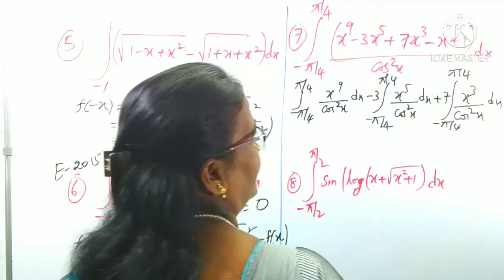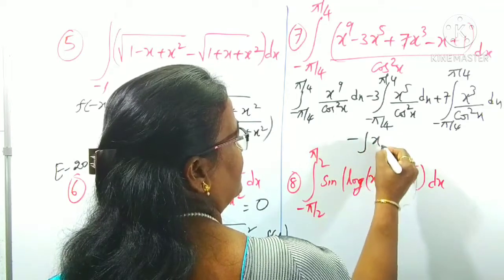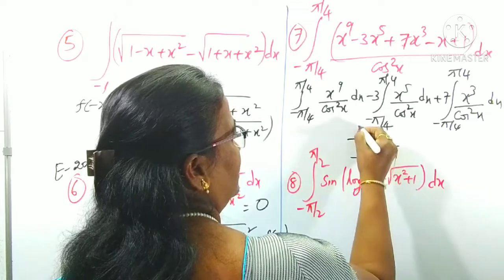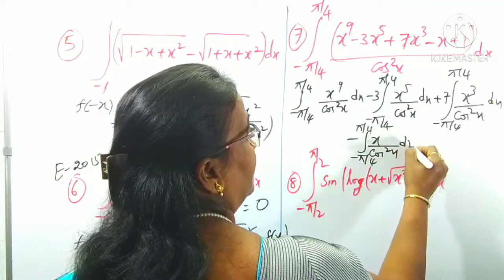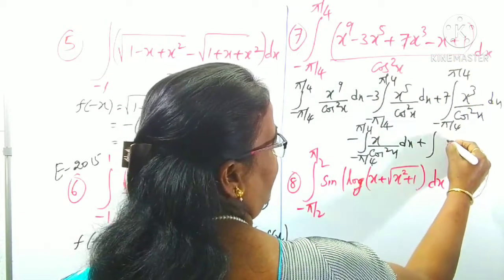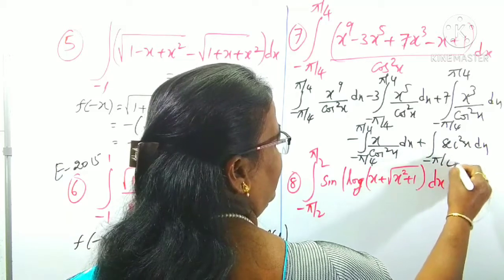The last 2 more, what are the next? Minus integral of x by cos square x between the limits minus pi by 4 to plus pi by 4. Right? Now one more is left. What is that? 1 by cos square x, which directly we can take as secant square x between the limits minus pi by 4 to plus pi by 4.